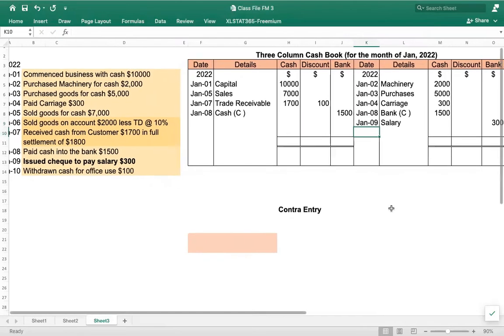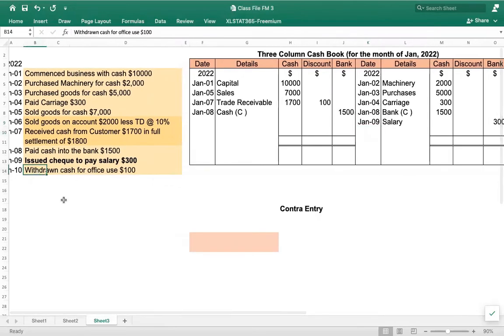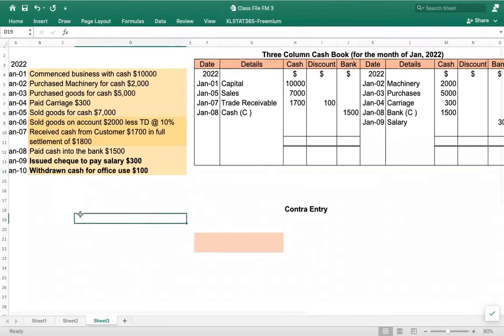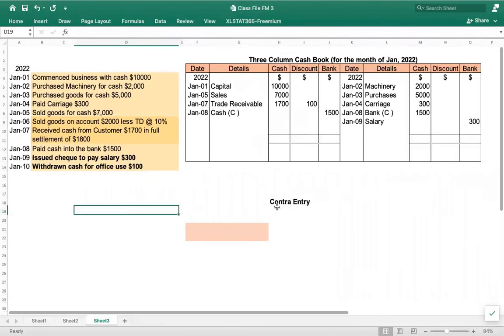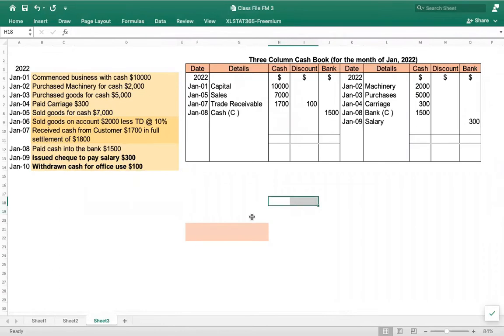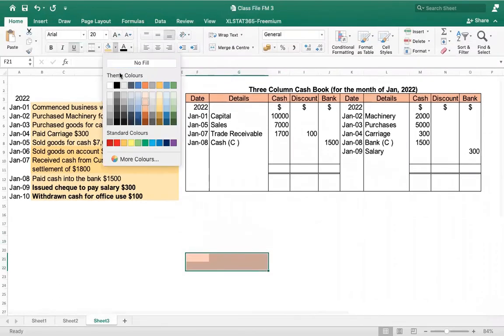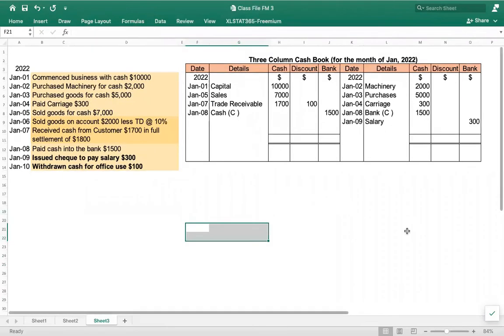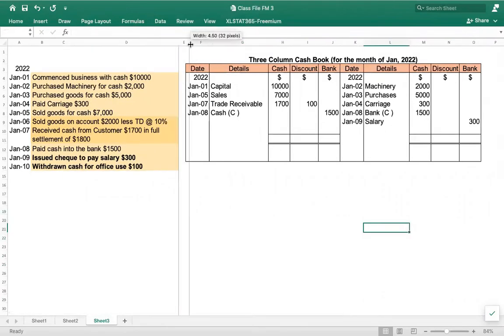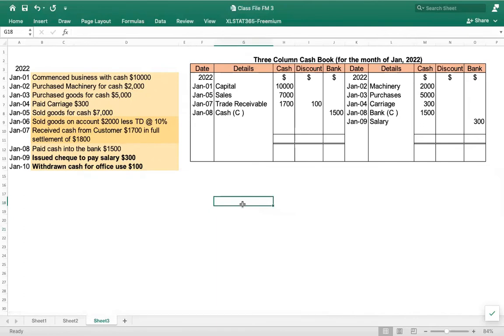Now the last transaction. Tell me. Withdrawn cash for office use, 100. What did you understand by this transaction? That they have taken out money from the bank. For what purpose, personal use or office use? Office. It means we are getting money from the bank and bringing that money to our business, right?